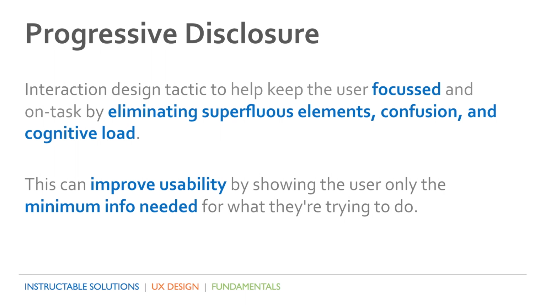Progressive disclosure is an interaction design tactic to help keep the user focused and on task by eliminating superfluous elements, confusion, and cognitive load. This can improve usability by showing the user only the minimum info needed for what they're trying to do.